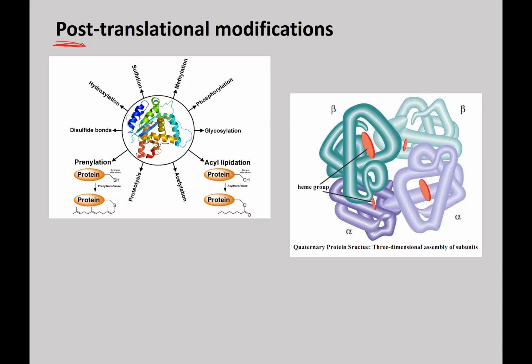Post-translational modifications, remember, happen in the Golgi. And honestly, I don't know cis, medial, trans, so we'll just say Golgi in general. And there are things like hydroxylation and sulfation and methylation and phosphorylation.